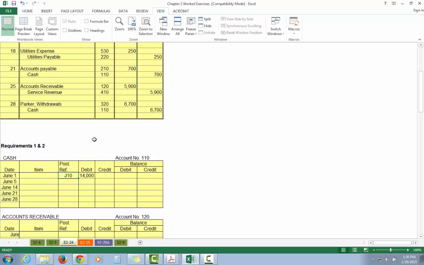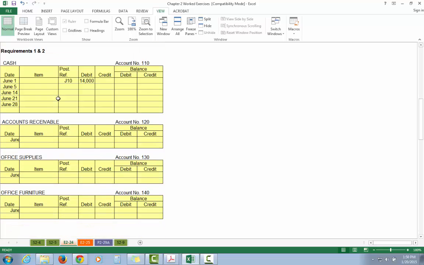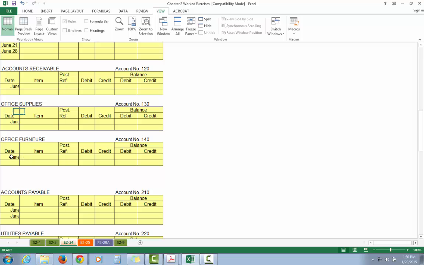Okay. So we debited $14,000. We'll do the same thing for furniture. So office furniture on June 1st, we're going to debit furniture for $5,200. All right, and it's J10.